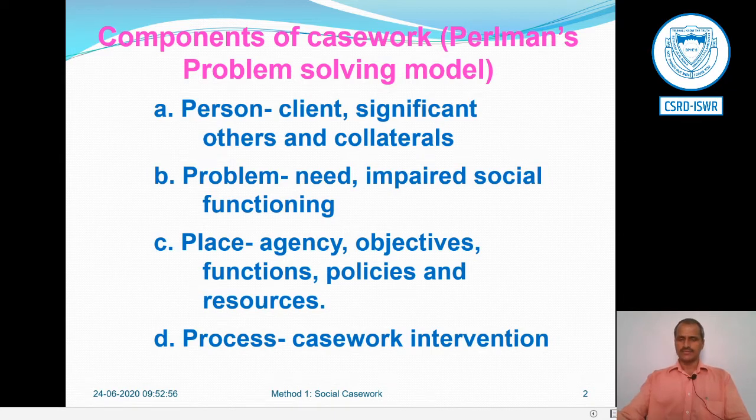The person, the first component. In this we discuss the person who seeks help. When a person seeks help, he is addressed as the client. Client in social work does not mean only the person who is in need of help.